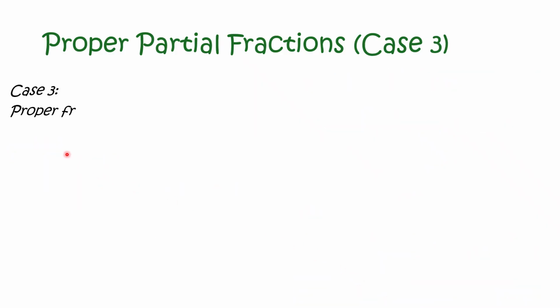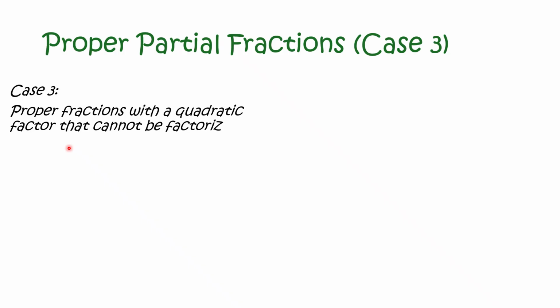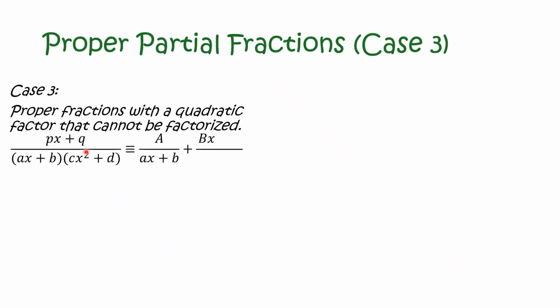Let's move on to case 3. We are still looking at proper fractions with a quadratic factor that cannot be factorized. For instance, we have (px + q) all over (ax + b)(cx² + d) being equivalent to capital A over (ax + b) plus (Bx + C) all over (cx² + d).